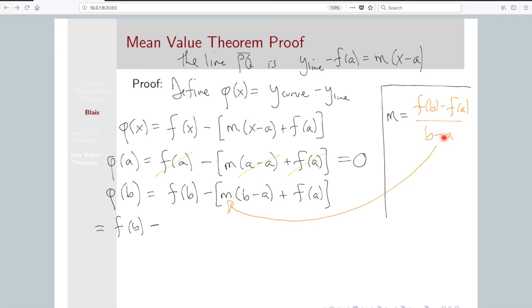The b minus a in the denominator will cancel with the b minus a in the numerator, and we're just left with f of b minus f of a. And now notice here your f of b's pair off to 0, and here your f of a's pair off to 0. And so we get 0.